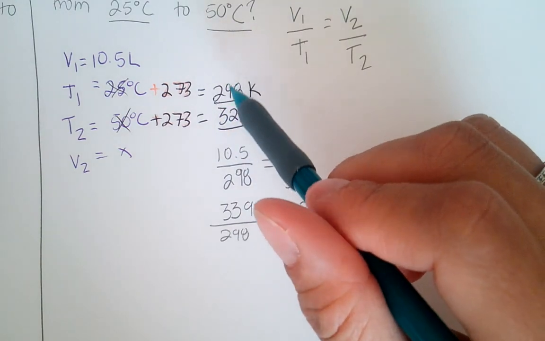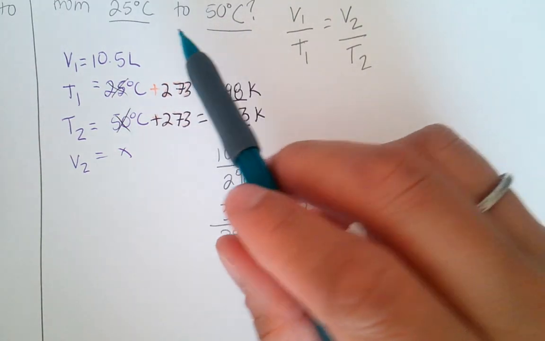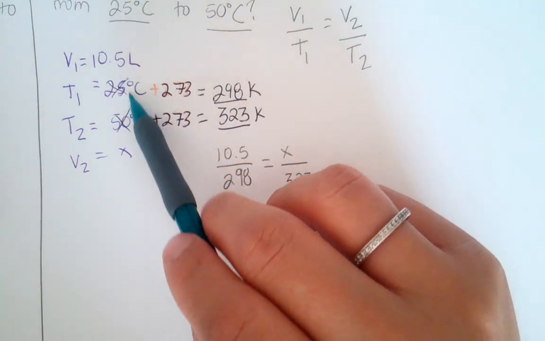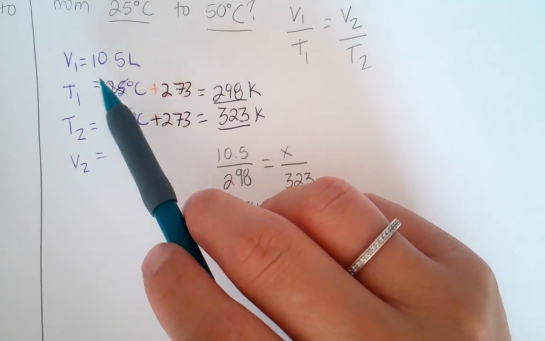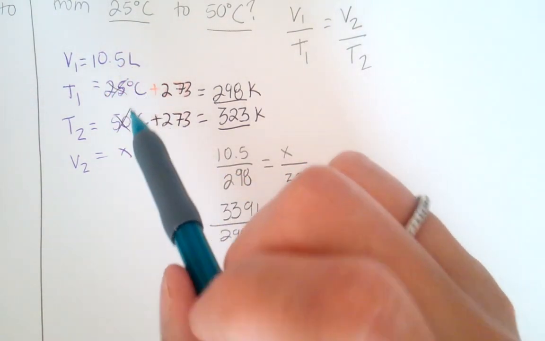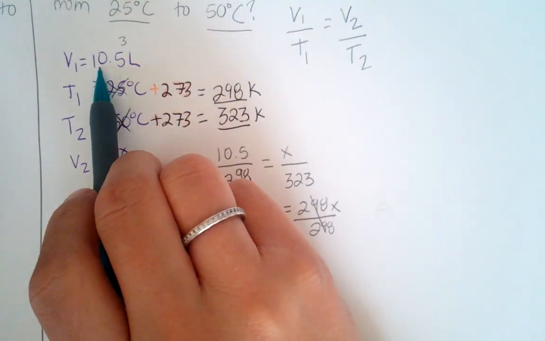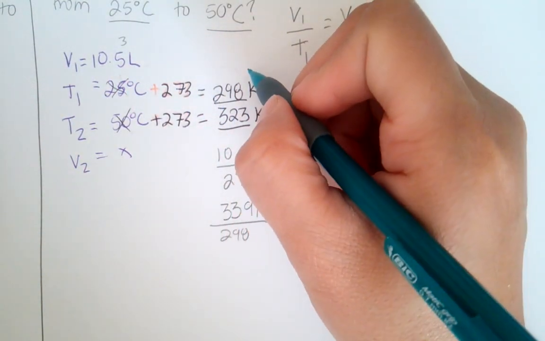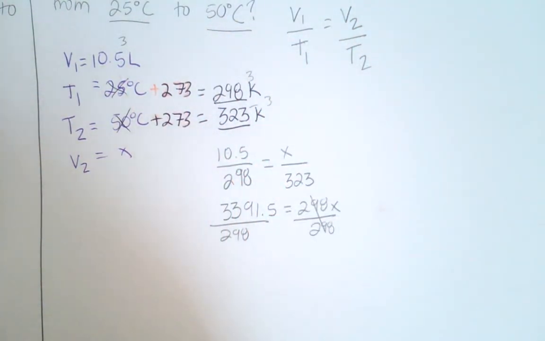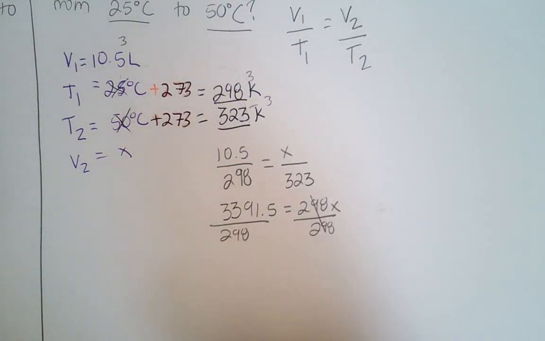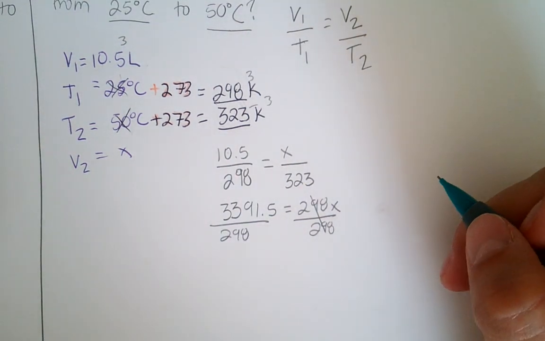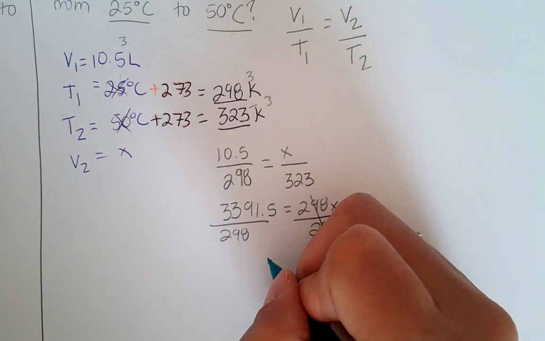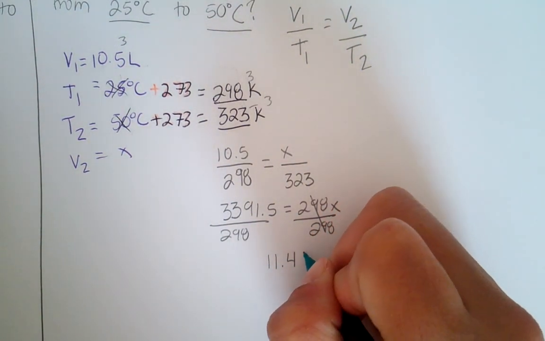What went in this problem are these numbers, okay? So don't take into consideration how many sig figs are in the 25 and 50. So let's start at the top. 10.5 has 3 sig figs, as that's a middle zero, it always counts. 298 has 3 sig figs, 323 has 3 sig figs. That means our final answer should have 3 sig figs, so we're going to cut down 11.38 to 11.4 liters.